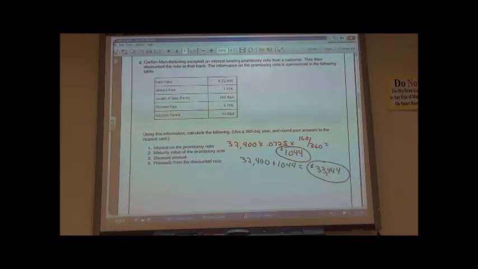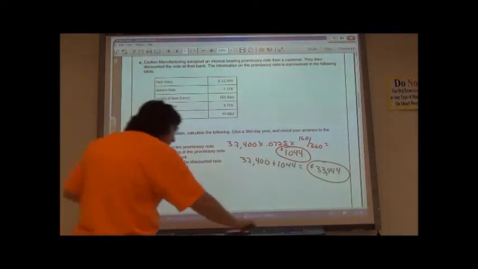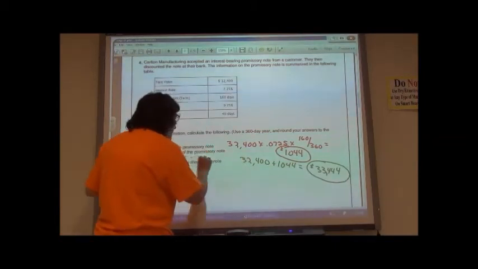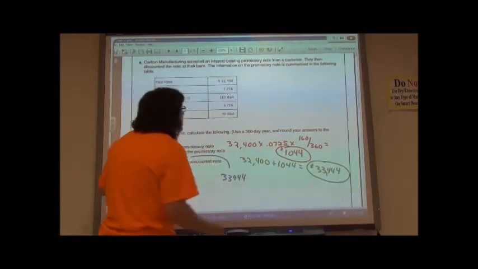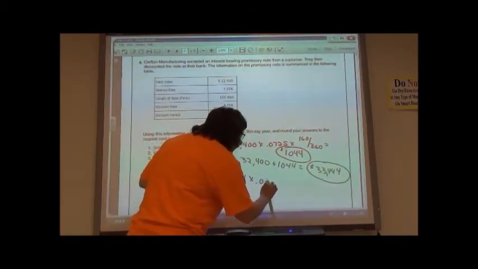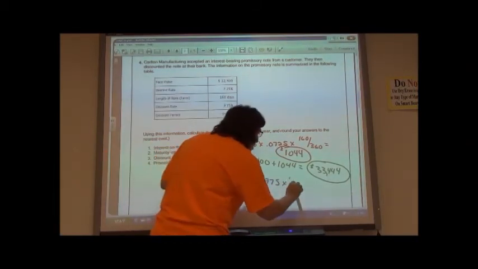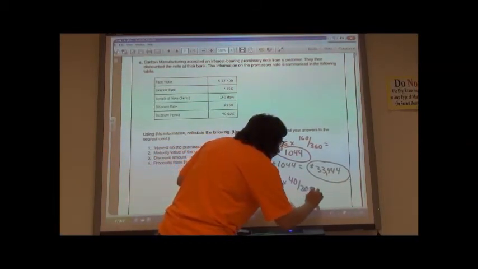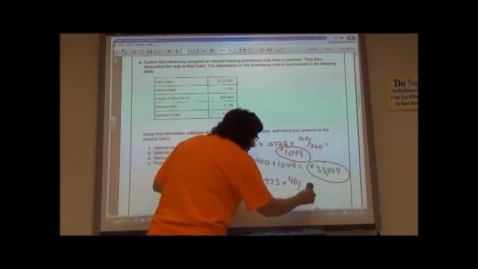So now I'm going to calculate the discount amount. I went to the bank and I discounted it. The value of my promissory note is $33,444. I'm going to discount it at 9.75%. 40 days is my discount period, so 40 over 360.